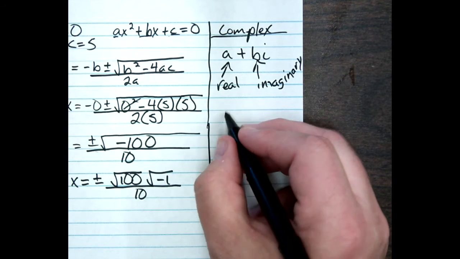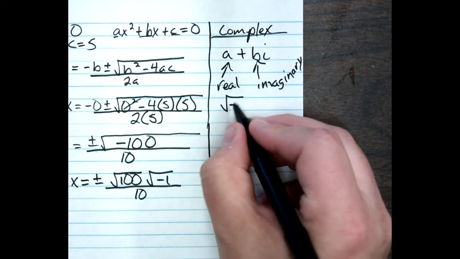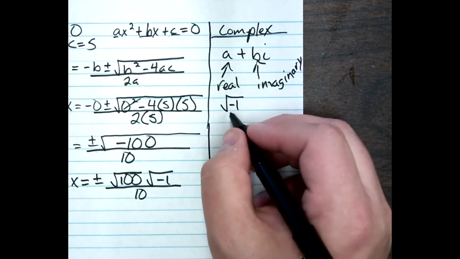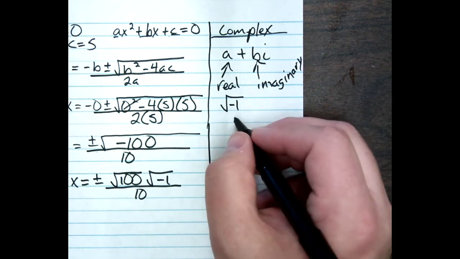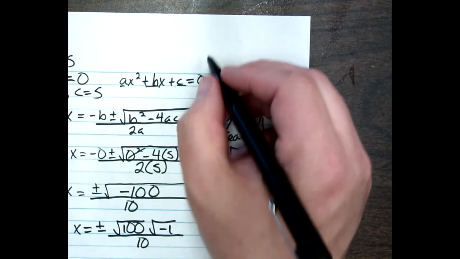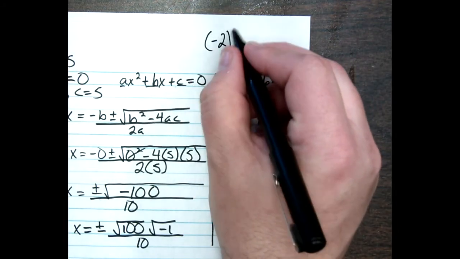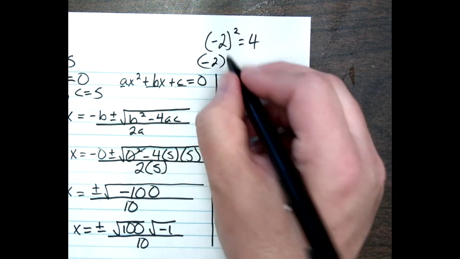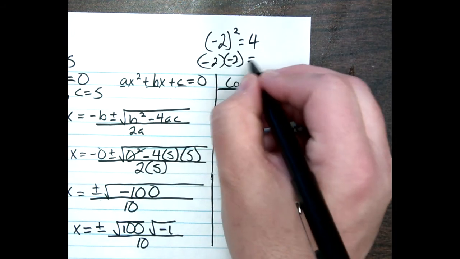One thing I know for sure is that I can never have a square root of negative 1, because anytime you square something it's positive. For example, negative 2 squared is positive 4, because it's really negative 2 times negative 2.